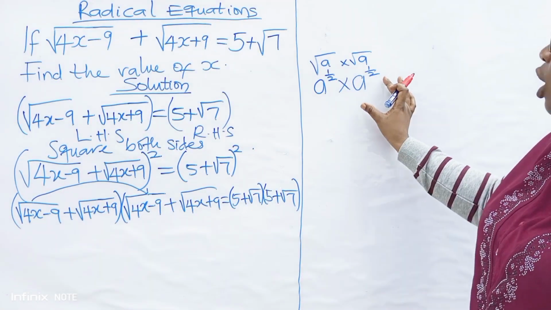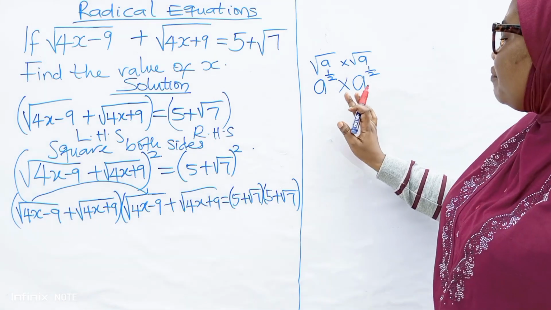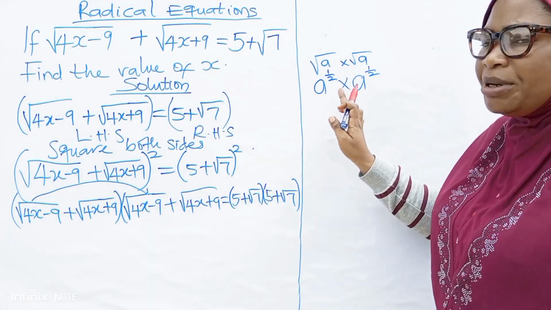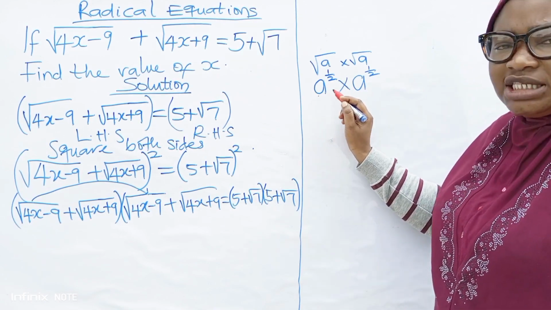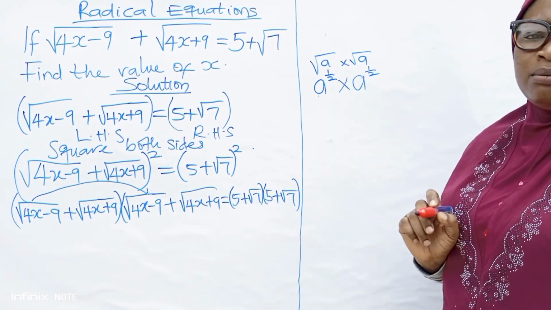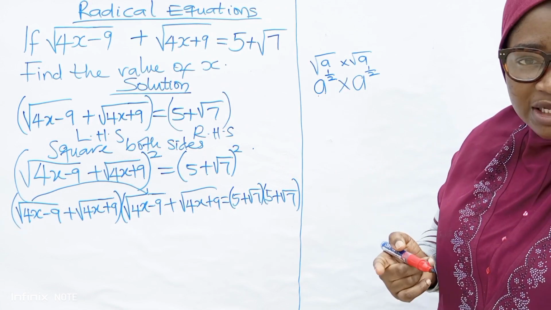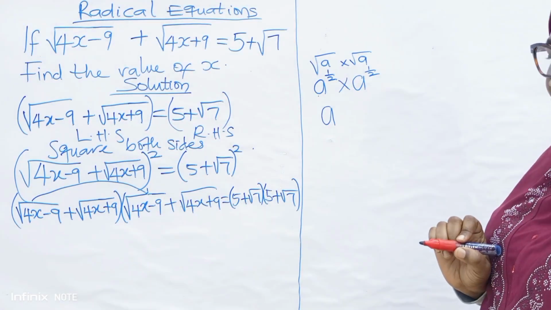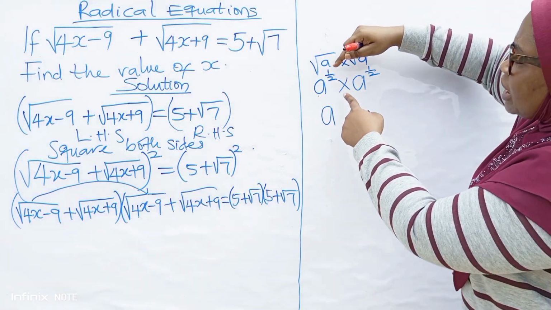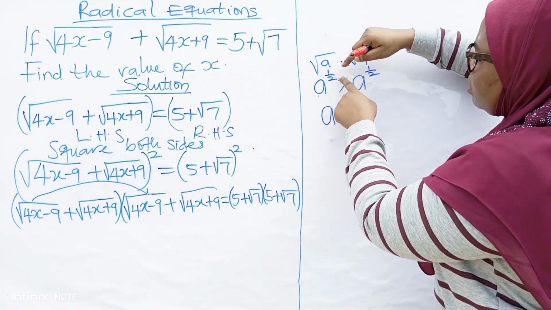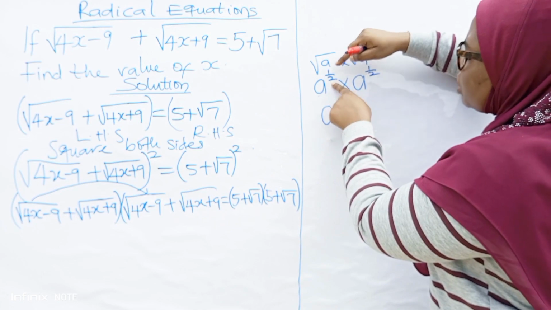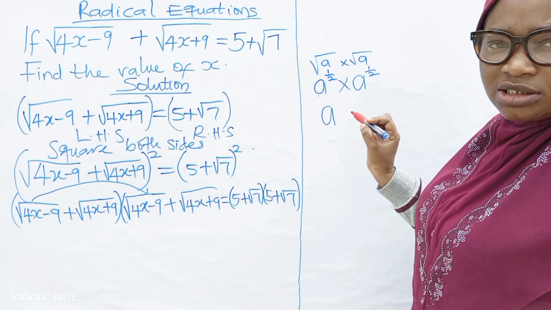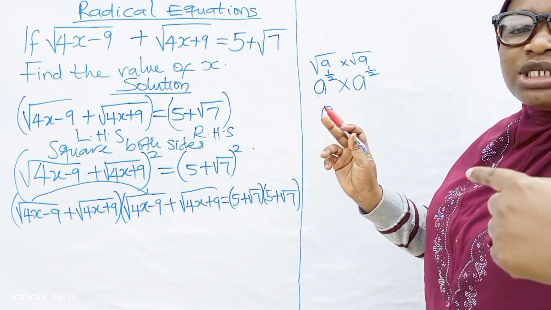The law of indices says that if you are multiplying terms that have the same base, a is the base, you write one base, that is a. Now their exponents, that is their power, is 1 over 2, 1 over 2. Since we are dealing with multiplication, you add their exponents together.